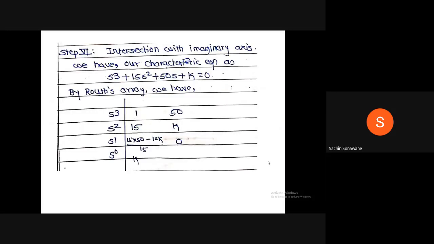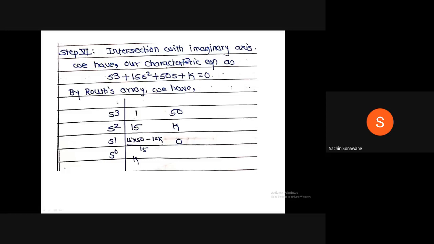Step 6, intersection with imaginary axis. We have our characteristic equation as s cube plus 15s square plus 50s plus k is equal to 0. Therefore again this is Routh array. Towards left side we write down s cube, s square, s raised to 1, s raised to 0.